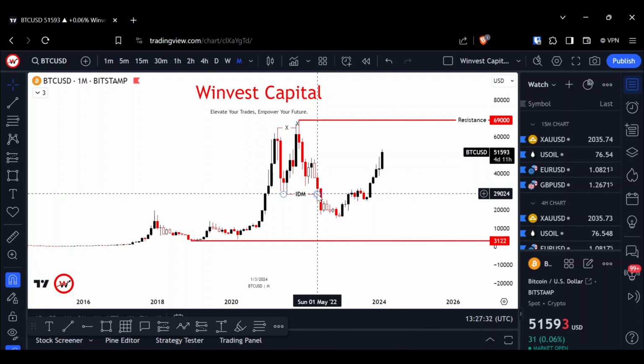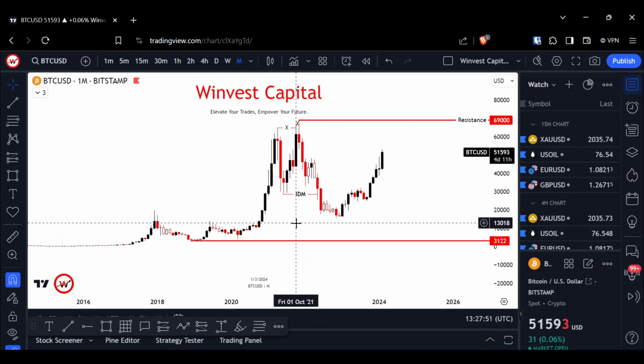While it made a sweep, it went below this previous candle, so it swept the IDM, which is where we would consider entering on an order flow or order block.